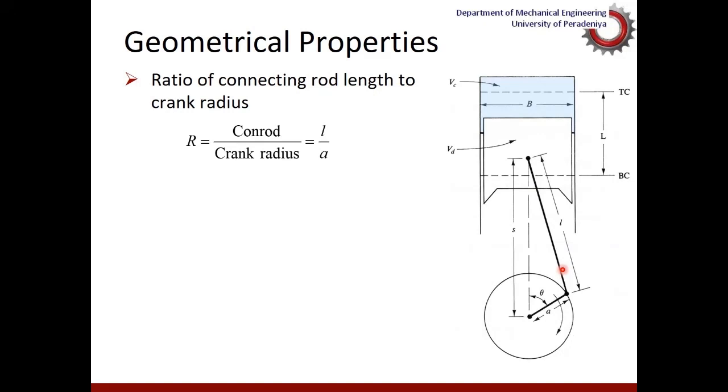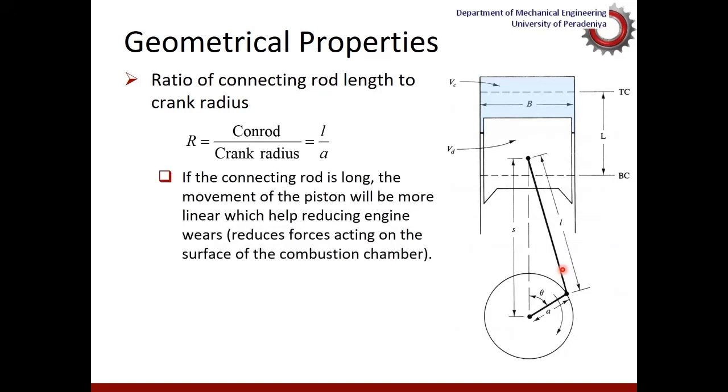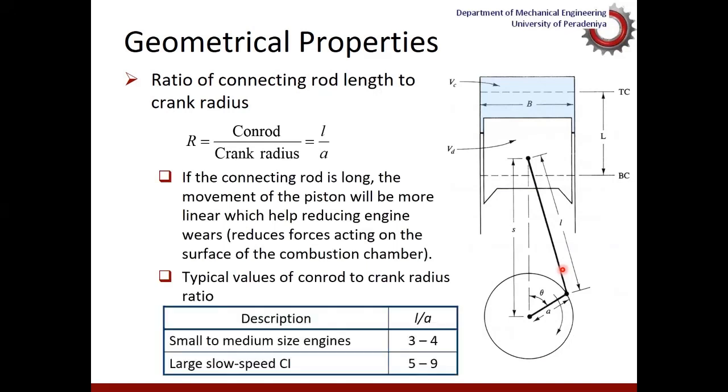So we have to come to a compromise, a kind of agreeable set of values. So the connecting rod length is something that affects the friction forces. And again, the design manuals give us certain ranges of values. So we can optimize a particular engine depending upon our operating requirements by starting from these ranges, and we can pick a value within this range, for example.